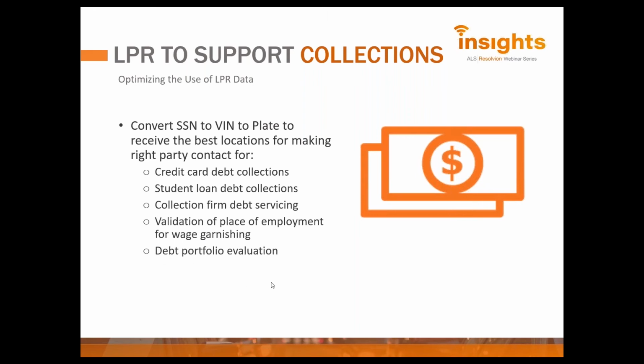And then lastly, the debt portfolio evaluations. We have a number of lenders that like to sell pieces or chunks of debt, whether it be collateralized debt files or deficiency balance files.